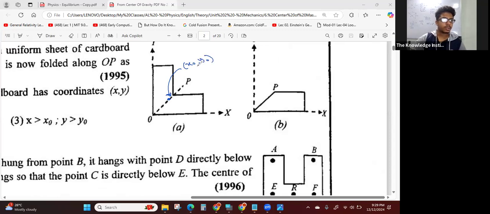Relative to this point, the new center of gravity will be here, which has coordinates X, Y. So you have to write the relationship between X and X naught, Y and Y naught. Here X is greater than X naught, Y is less than Y naught.